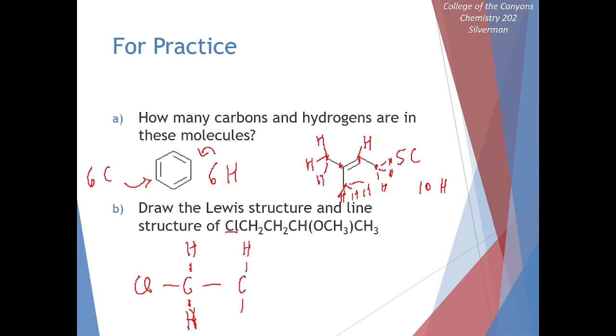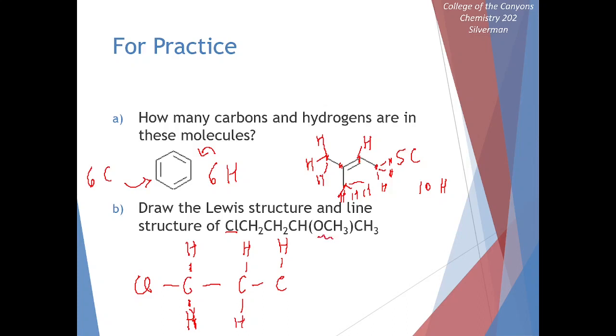CH2 is going to be another kind of bridging carbon connected to 2 hydrogens, but also 2 other things. Then we have CH. CH is going to need 3 more bonds. Well, we have 1 bond to that hydrogen, we have 1 bond to the rest of our molecule from before. And now we have two more.